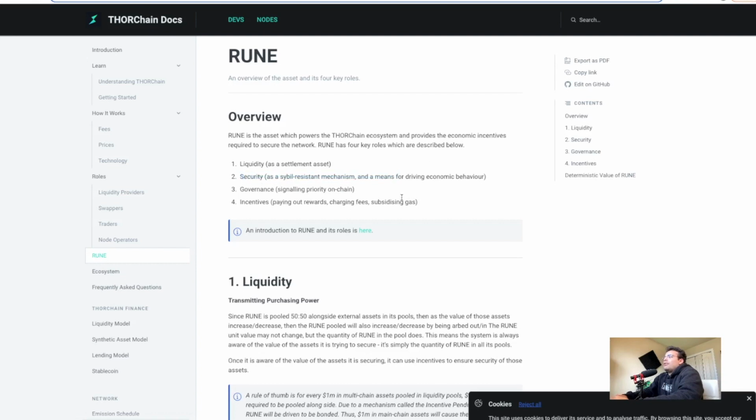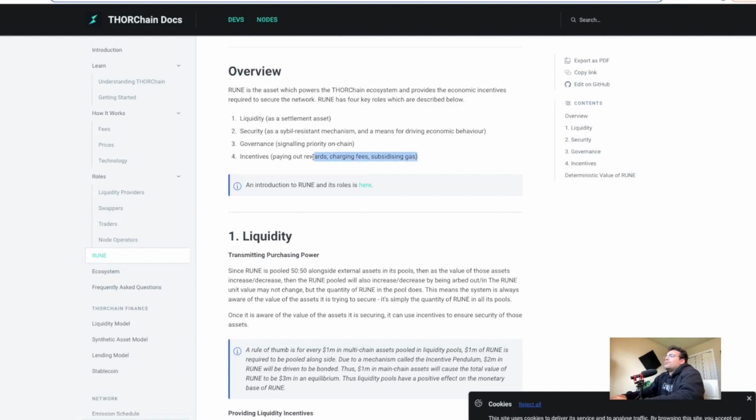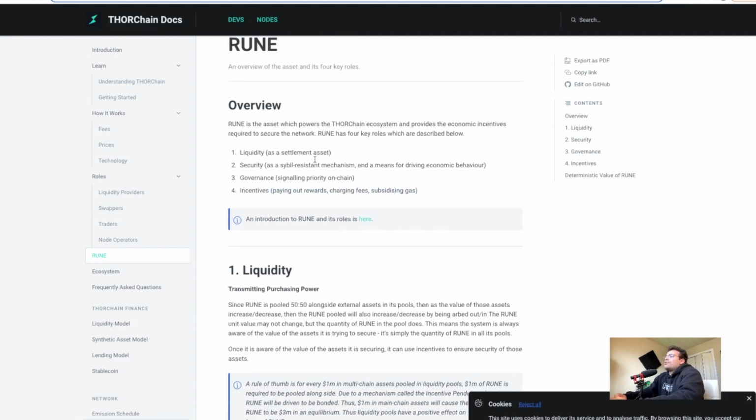It's driving the economic behavior and the Sybil resistance mechanisms that are needed to consolidate and decentralize the security. The other thing it's used as is a governance token to signal the priority of swaps on the chain. And then, of course, incentives in terms of actually paying out rewards to node holders or liquidity providers. So definitely something that you should be looking into.